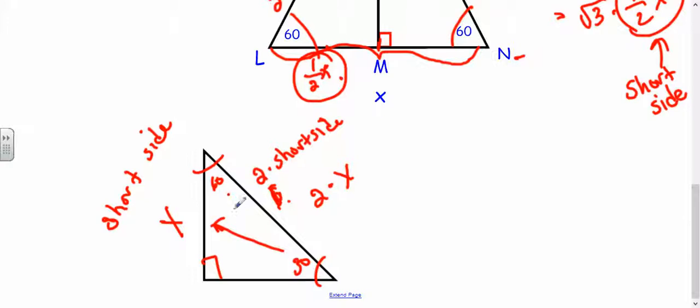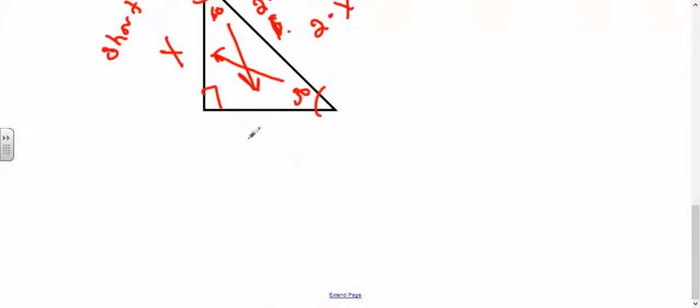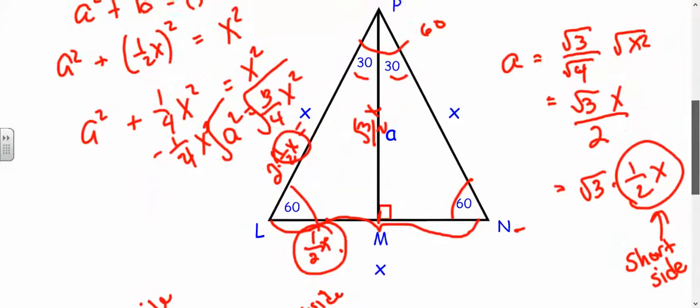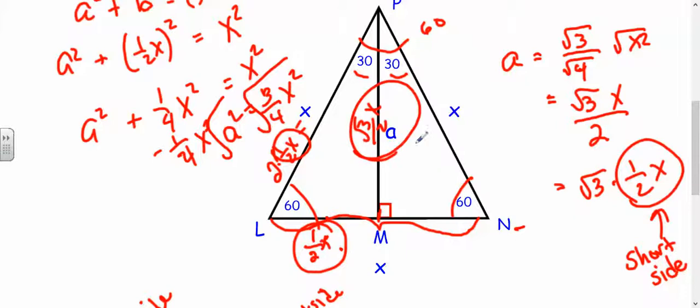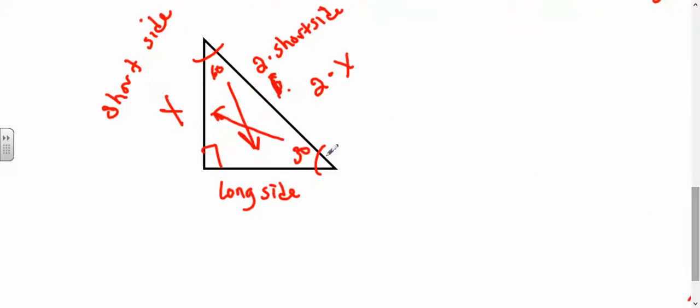And then our long side is across from our 60, right? So this is our long side. And if we look at our picture up here, our long side was the square root of 3 times the short side. So in this case, our short side is x, so it's square root of 3 times x, or you write it x square root of 3, okay?